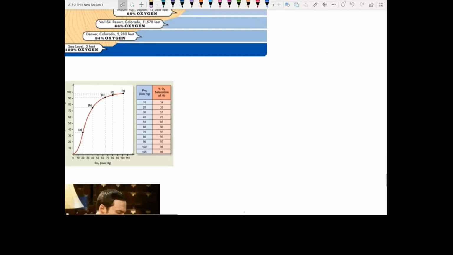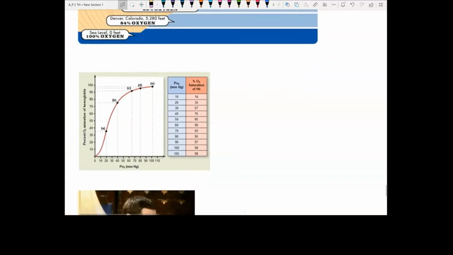Here's a chart that shows the percent oxygen saturation at different partial pressures of oxygen. So we start off here at sea level. As you go up in altitude, the partial pressure of oxygen goes down.